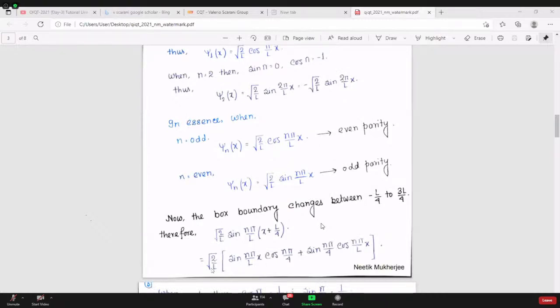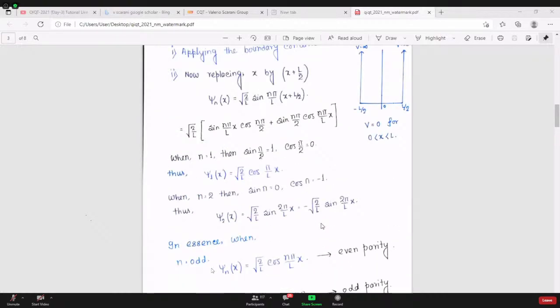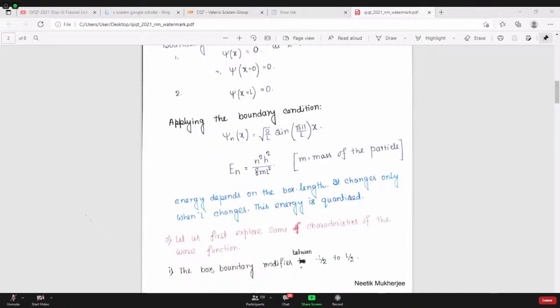Now, the point is that when we have the boundary from 0 to L, we have a solution that is true for all the states, sin n pi by L into x.